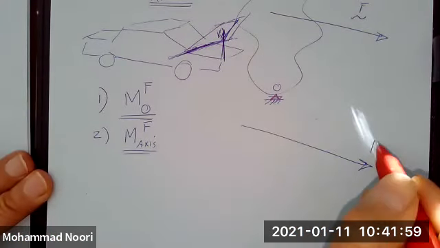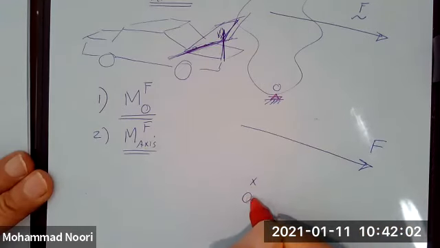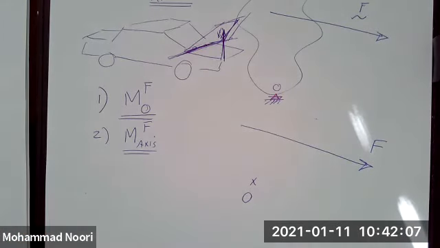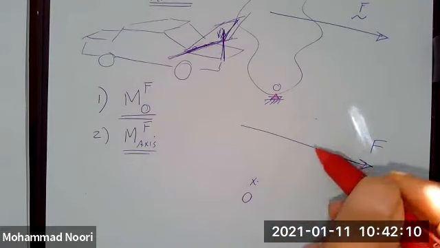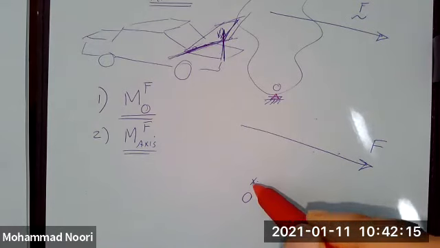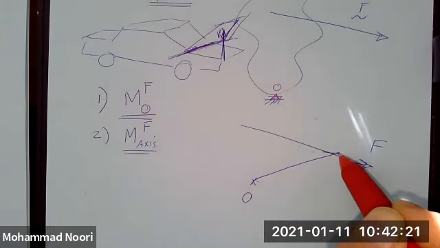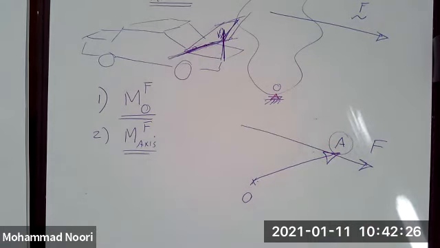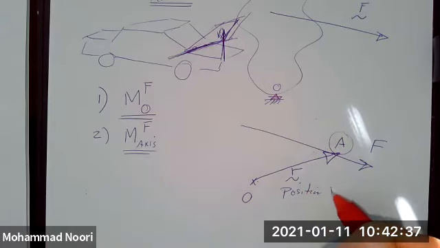Rotational action of a force about a point O is described this way. In order to find or describe or define the rotational action of this force about O, we simply connect this point to any point along this force, any arbitrary point A, and this vector R is called the position vector.